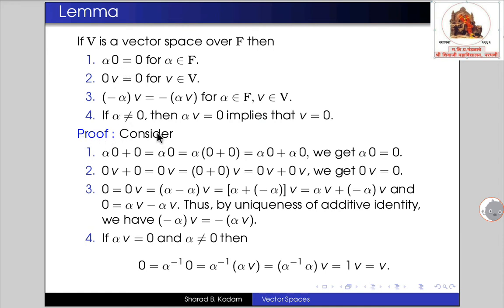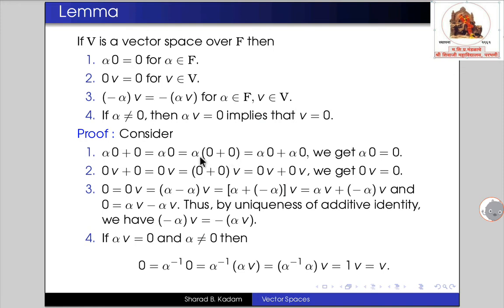Proof, consider. We know that alpha into 0 plus 0 equals to alpha into 0, and 0 equals to 0 plus 0. So we have written alpha into 0 equals to alpha into 0 plus 0.